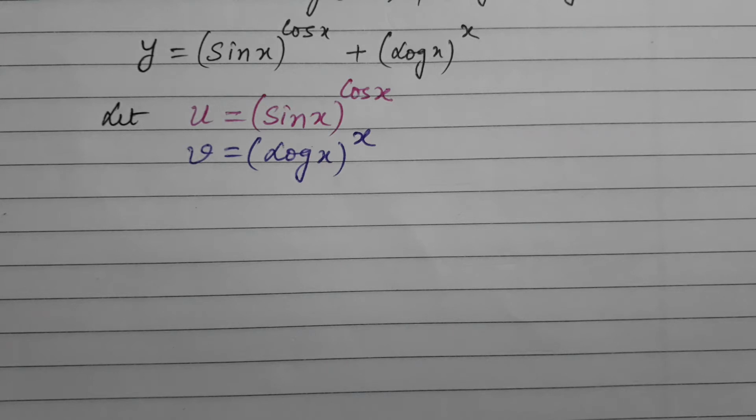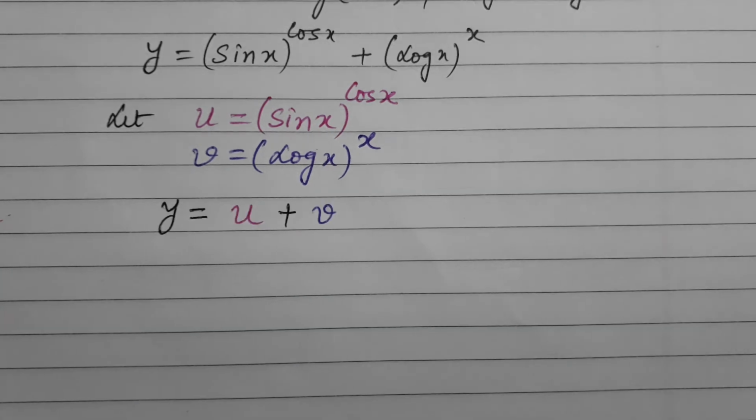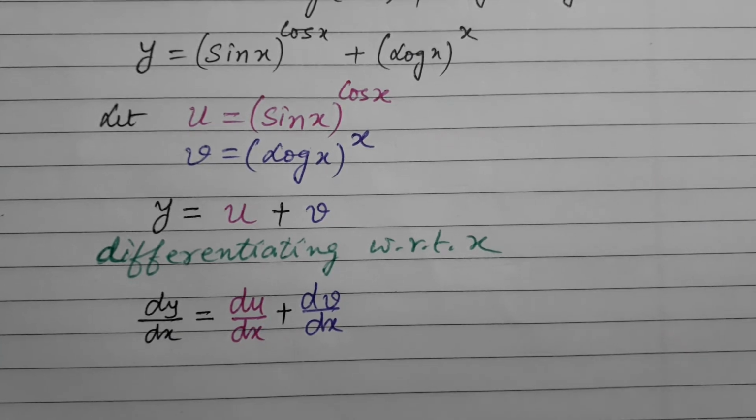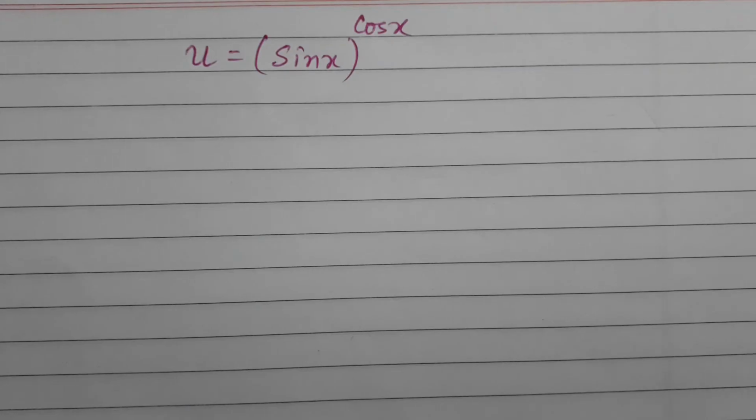Therefore, we can write y = u + v. Now we will differentiate it first. So we will get dy/dx = du/dx + dv/dx. Now we will differentiate u and v separately, then replace the values of du/dx and dv/dx here.